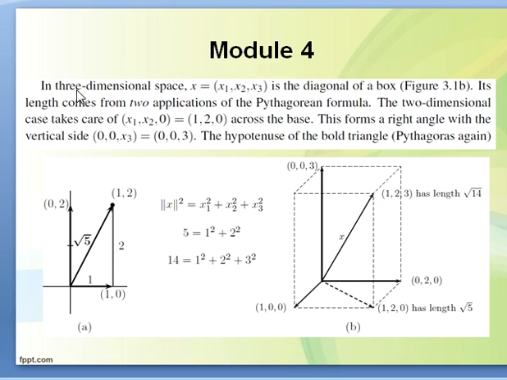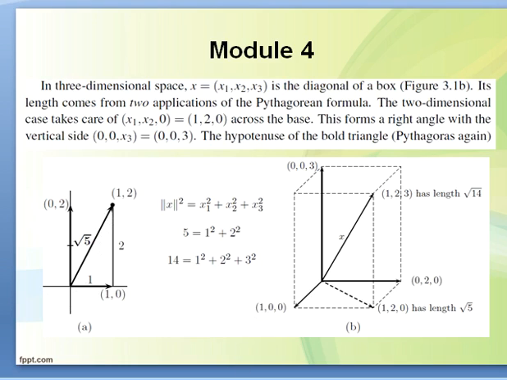In a three-dimensional coordinate system, the length is represented as the diagonal. So the diagonal can be anything from here to here, but it has to join two opposite ends. So it represents the length, and similarly in two-dimensional it would be in this way.